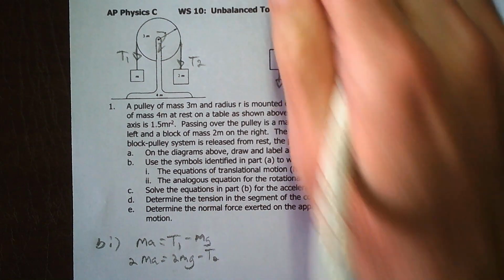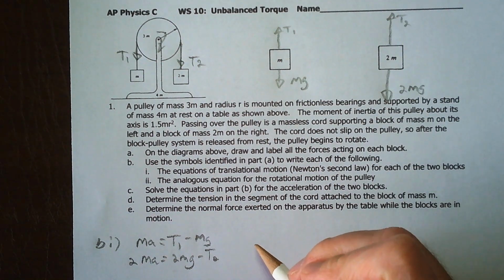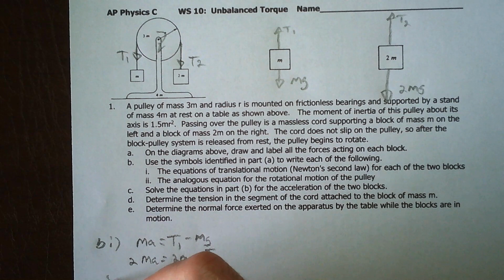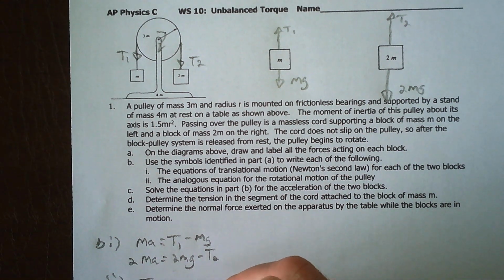So for the second part of this, the net torque, which is I alpha, is equal to T2R minus T1R, or I think I'll write it like this, T2 minus T1 times R.